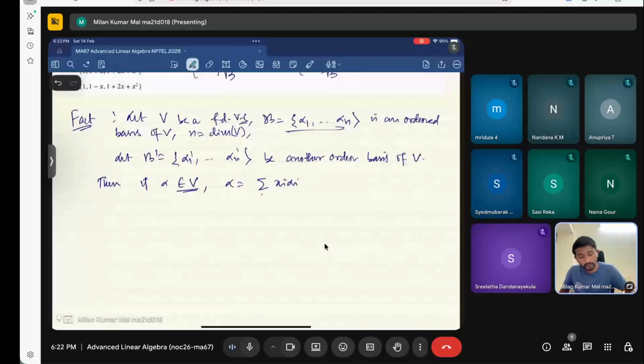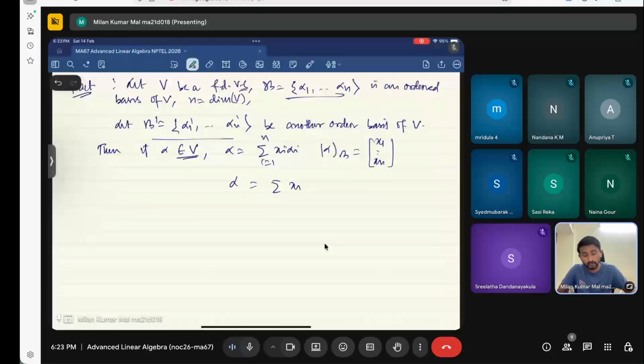Then alpha with respect to this ordered basis is a column vector x1, x2, ..., xn. Now alpha, being an element of V, with beta dash being another ordered basis, can also be written in terms of the alpha i dash, and let's assume the coefficients are xi dash, i equals 1 to n. Then the coordinate vector of alpha with respect to this new ordered basis is x1 dash all the way to xn dash, and we will denote this x and this x dash.